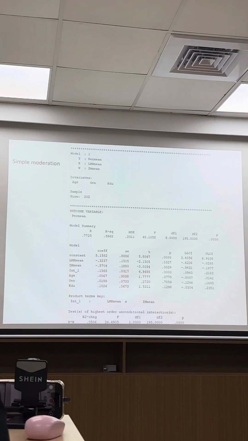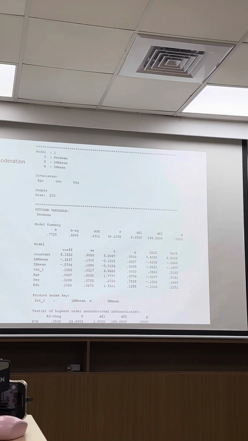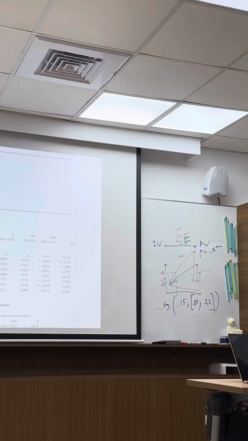Normally, you will say the effect is significant, blah blah blah, and the strength will be 0.5. Then lower one is 0.9 and 0.22, like this. This is how you report it in writing.